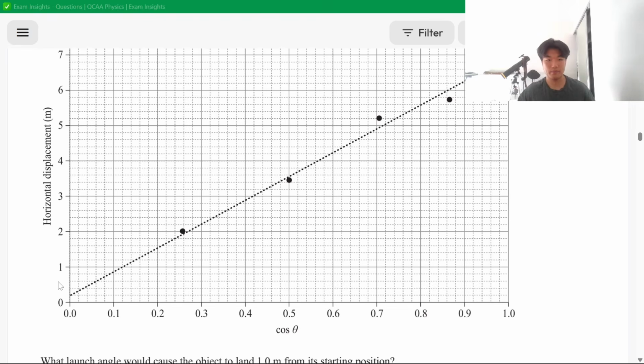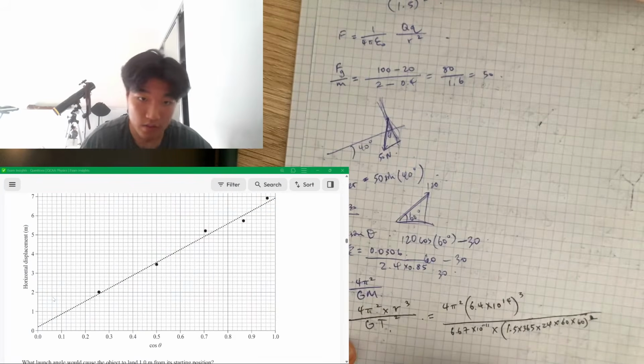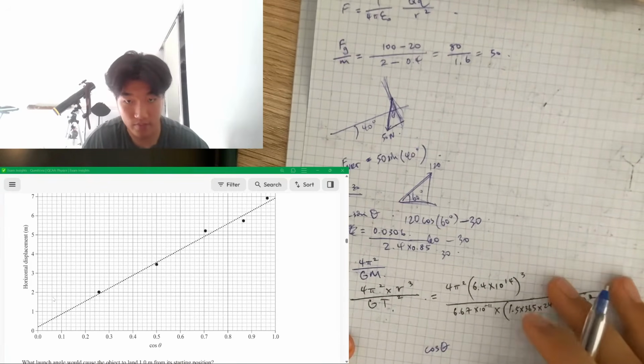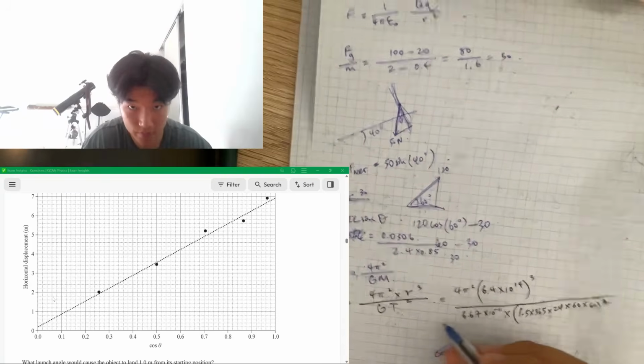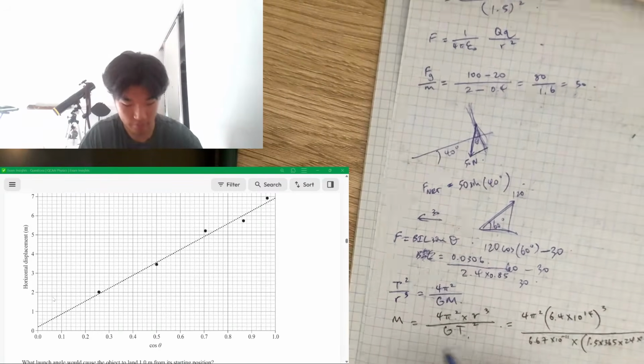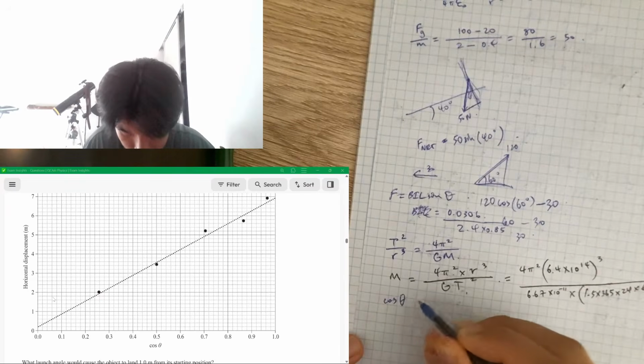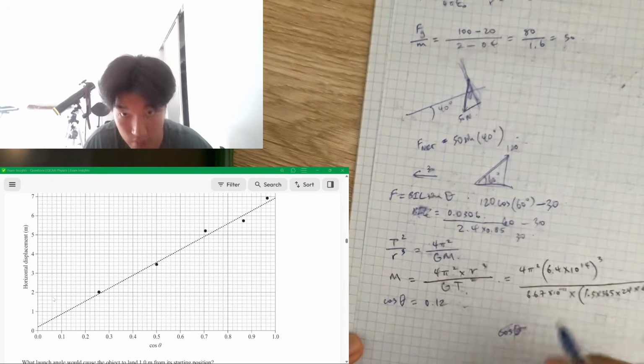So according to the trend line, the line of best fit, it's cosine theta. Cosine theta equals 0.12.